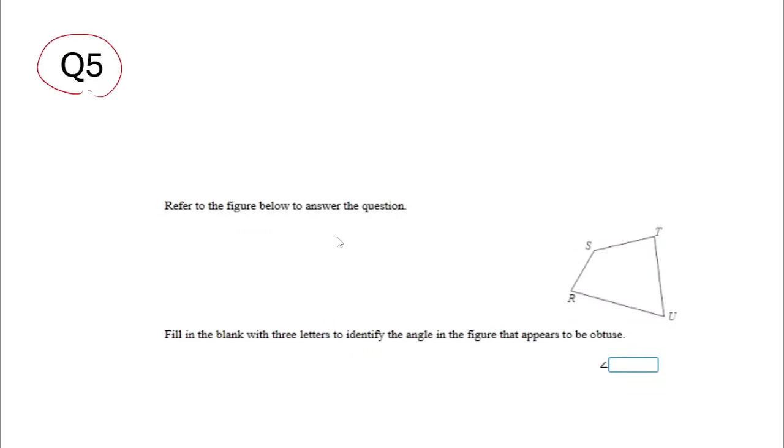Again, same as the previous question. Refer to the figure below to answer the question. I have this figure. Fill in the blank with the 3 letters to identify the angle in the figure below that appears to be obtuse. Again, this is the right angle.